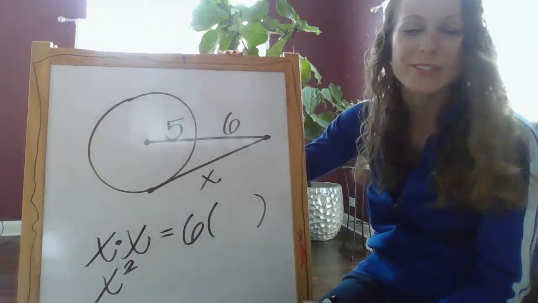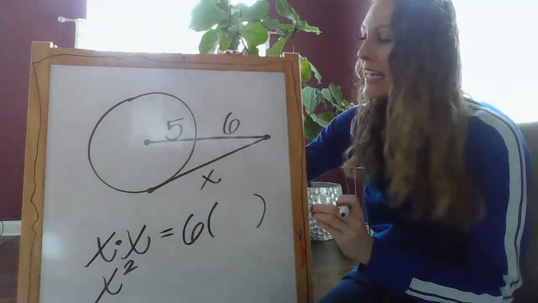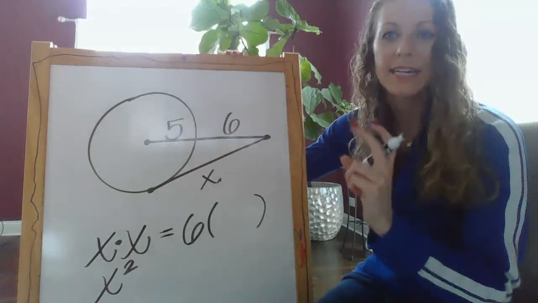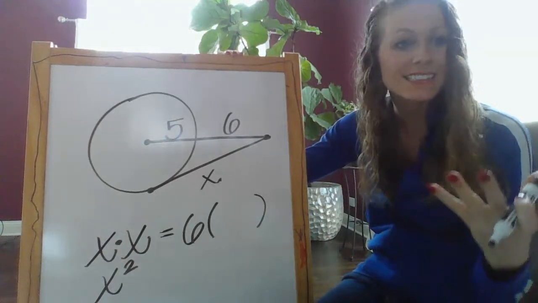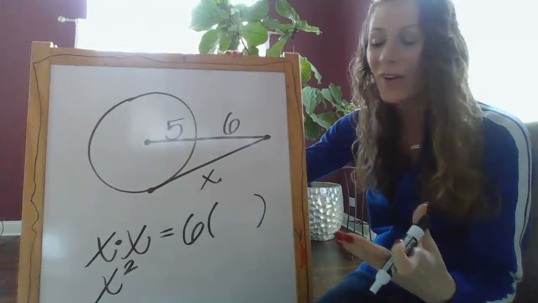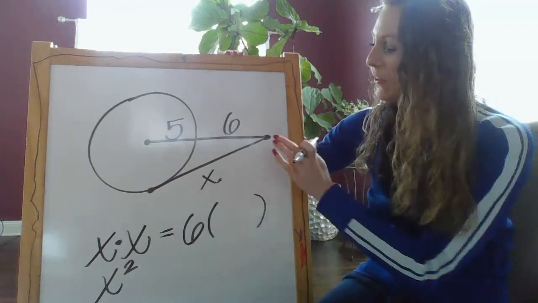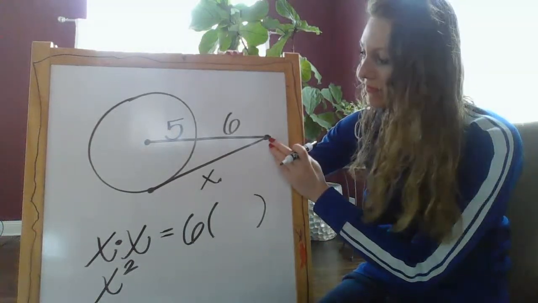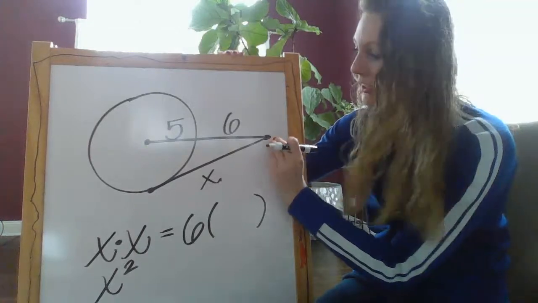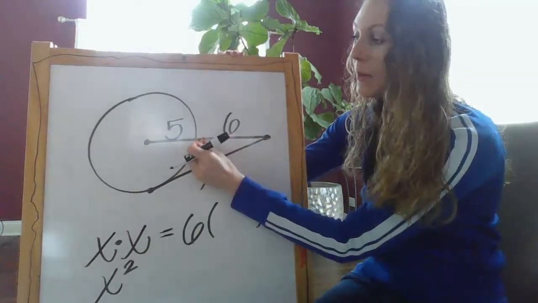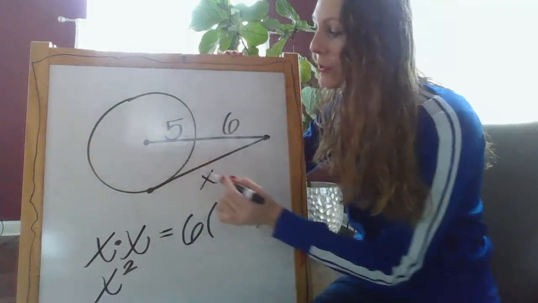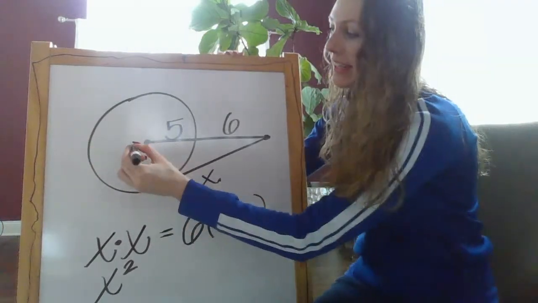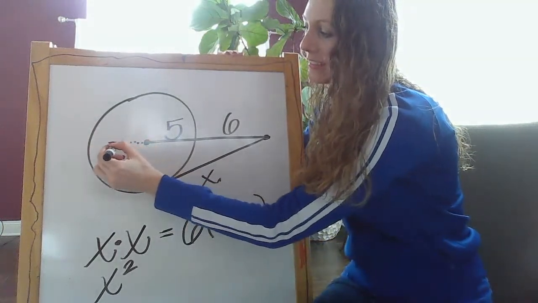You had it. Okay, so the thing about this rule is when we are doing these outside times whole, what is the whole? The whole is from the outside vertex, and then it's going to include the outside segment plus the chord. So we get a little bit tricky on problems like this, and we would have to extend this.